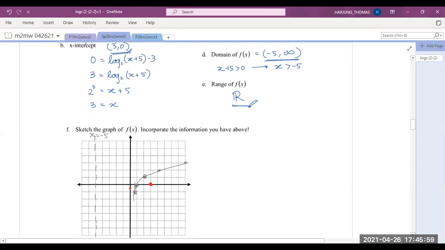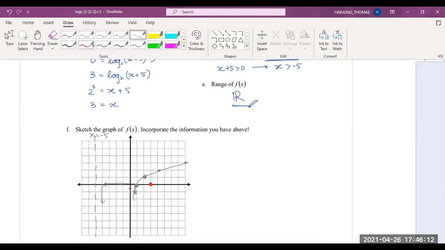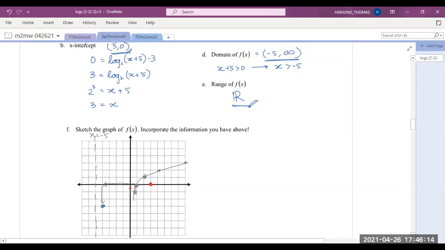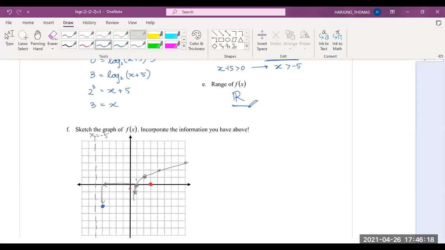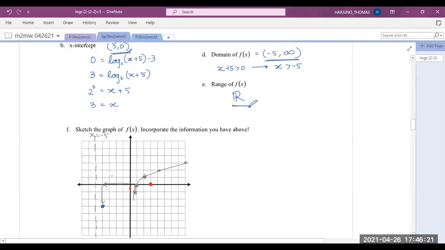Now, doing that, this guy moves 5 units to the left and 3 units down. It will end up here. This guy moves 5 to the left and 3 units down. It will end up here.